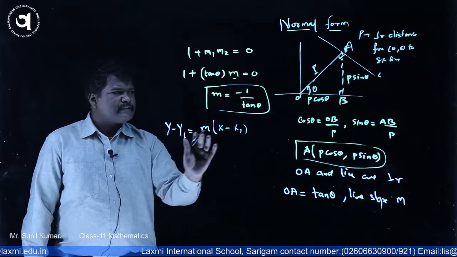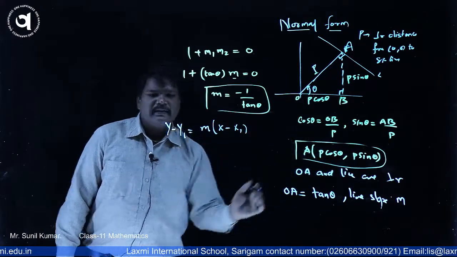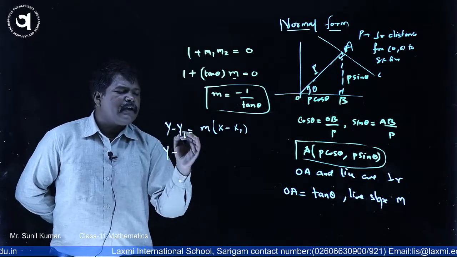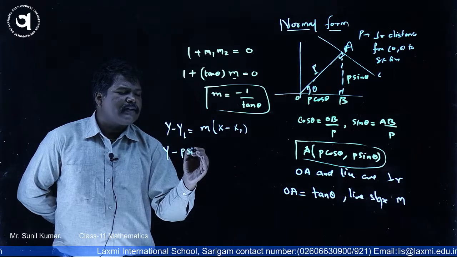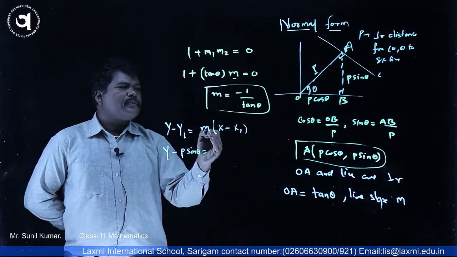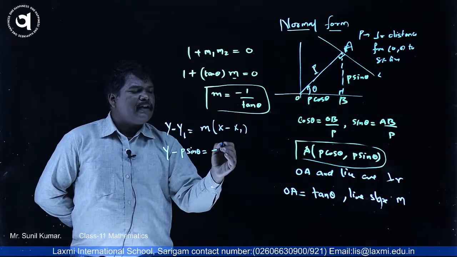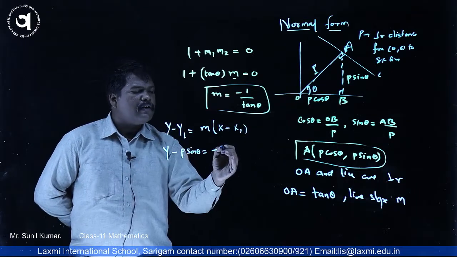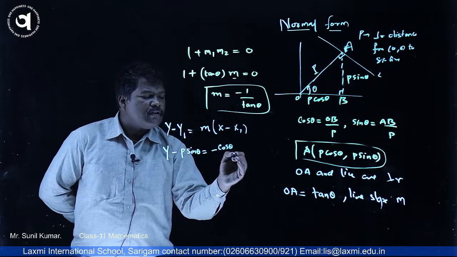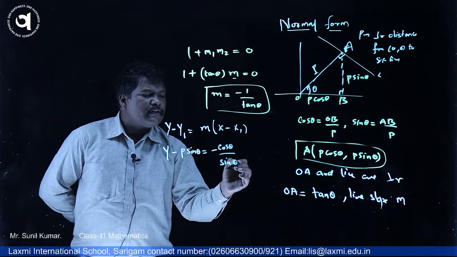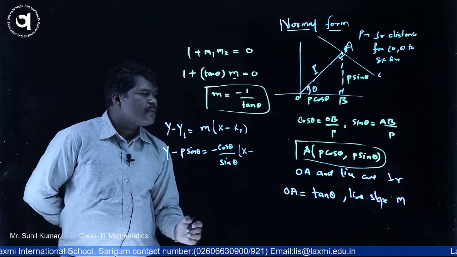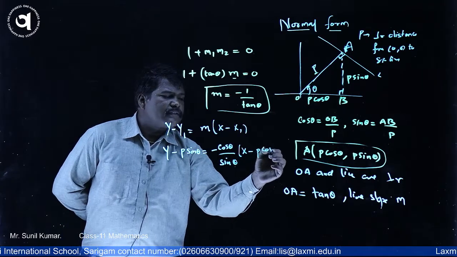So, the point is here y1, which is y minus p sin theta, is equal to, the slope is what? Negative 1 by tan will become cot, and I can write that as cos upon sin into x minus, what is x1 here? p cos theta.